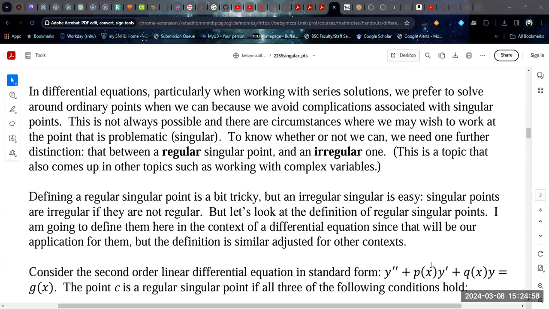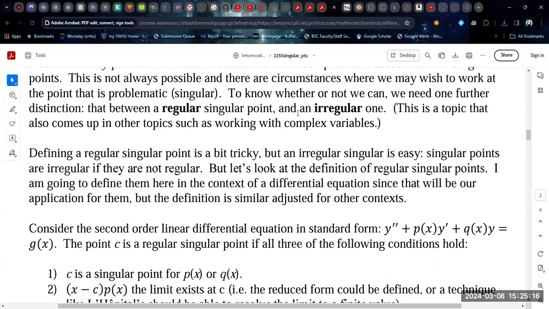Now, in order to know whether we can or not, we need one further distinction, which is: is it a regular singular point or an irregular one? Now, these topics also relate to working with complex variables. We're not going to go into that here, but you will encounter this concept of regular versus irregular singular points in other domains besides series solutions and differential equations, which is where we usually encounter it.